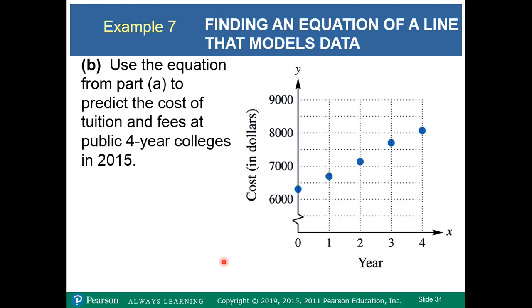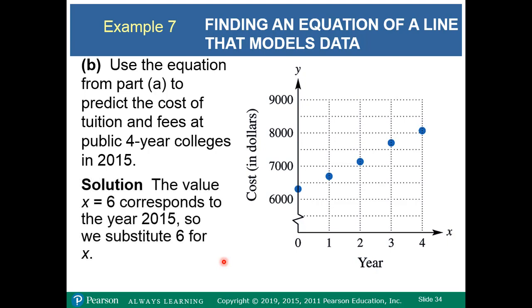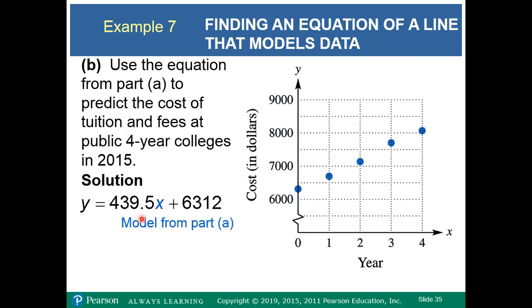Now let's use this equation to predict the tuition and fees at public four-year colleges in 2015. What would x be in 2015? x would have to be 6. So we plug 6 into the equation we just created and solve for y.